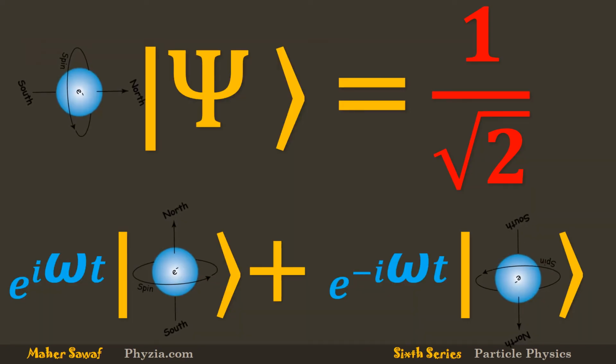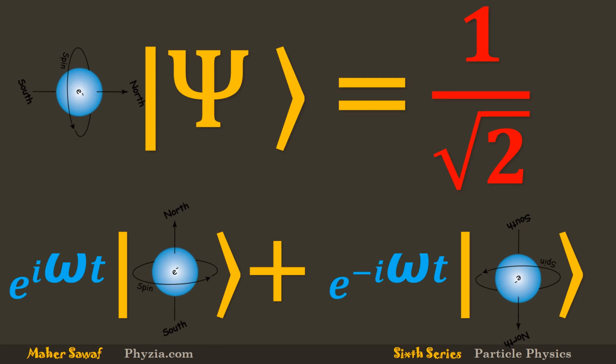The Schrodinger equation for an electron having a maximum spin along the x-axis is a quantum superposition of the same electron having a maximum and minimum spin along the z-axis, as we found. Also, we have the coefficients e to the power i omega t. Omega is equal to energy over h bar.